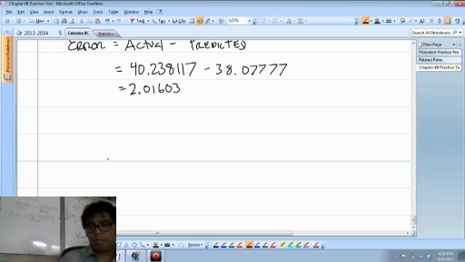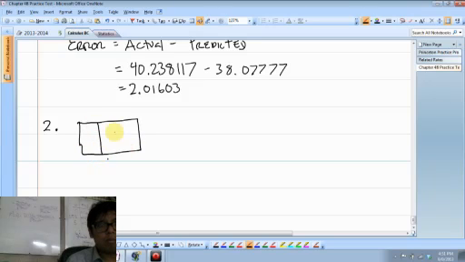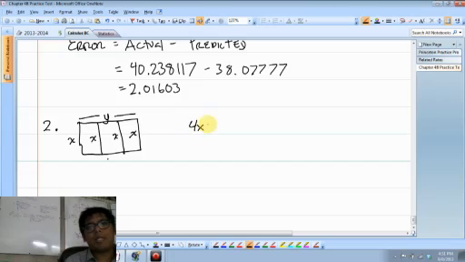Number 2. We'll try and do this briefly. Okay, so we have our pens. We have 4 x's and 2 y's. And so we have 4x plus 2y is equal to 1,000, or y equals 500 minus 2x.